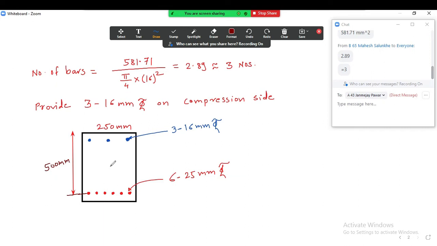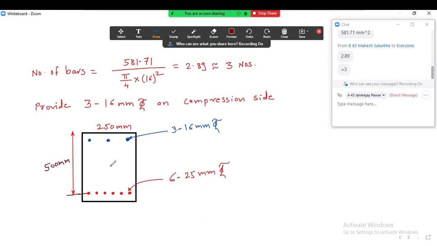Now we will take the design of continuous beams. As you have already studied the design of continuous slab, it will be easier for you to design the continuous beam, since the design procedure for beam and slab is almost the same. After that we will take the next unit, shear, bending and torsion.